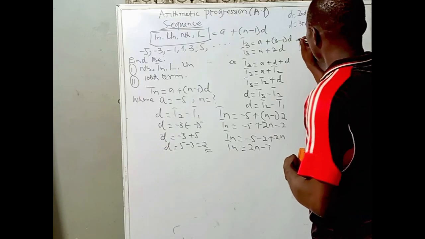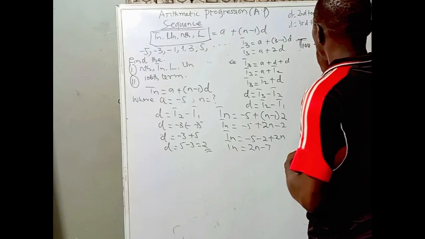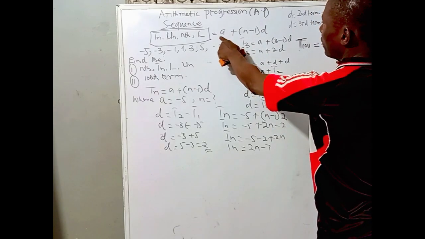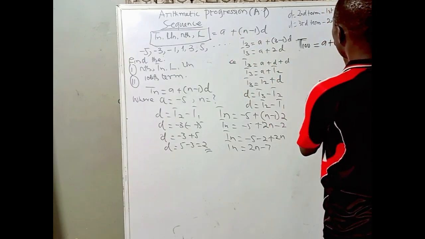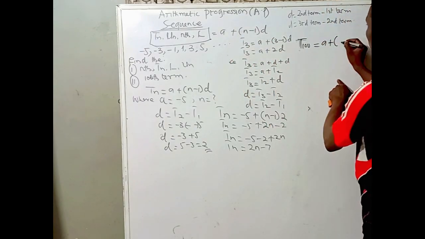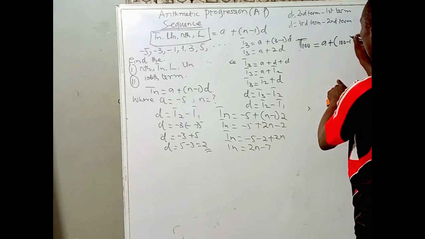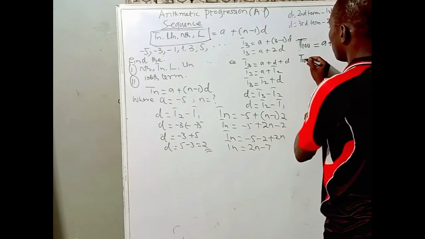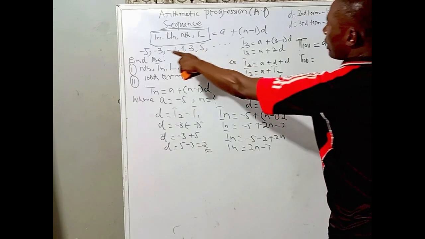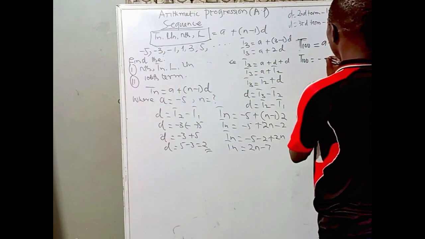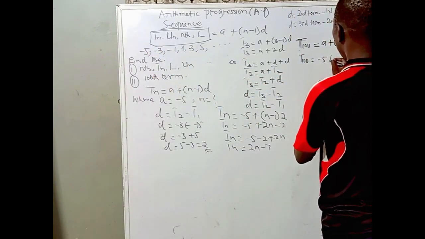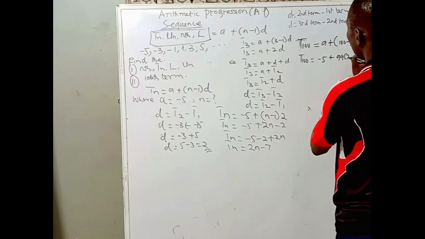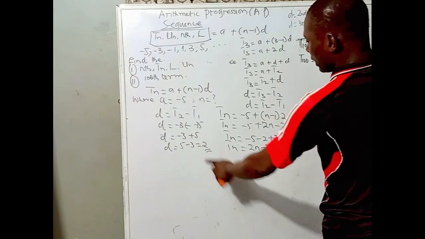So t100 is equal to a plus open bracket, in place of n you put 100, minus 1, close bracket d. So let's find t100. What is the value of a? Negative 5, so we put negative 5 here, plus this one is 99, d is 2, which we've already obtained.